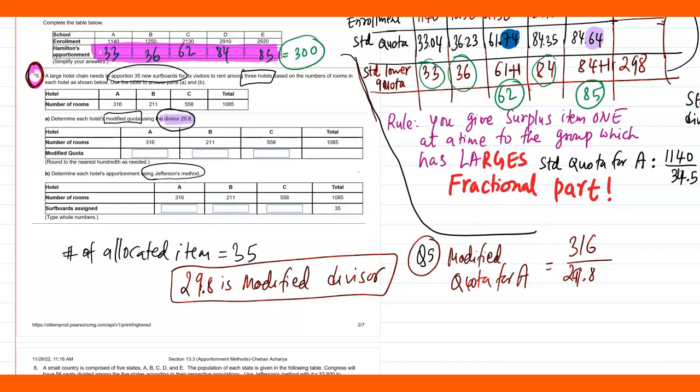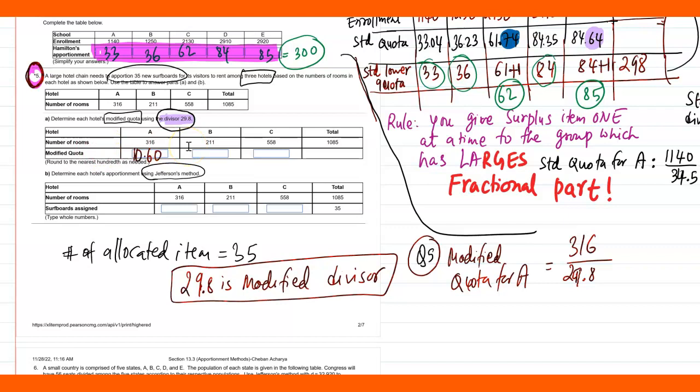You use modified divisor, not the standard, because again in the Jefferson, Adams, Webster methods we use a modified divisor. 316 divided by 29.8. Let's do the math here. 10.60. Rounded to 2 decimal places, nearest hundredth. Therefore it's going to be 10.60.